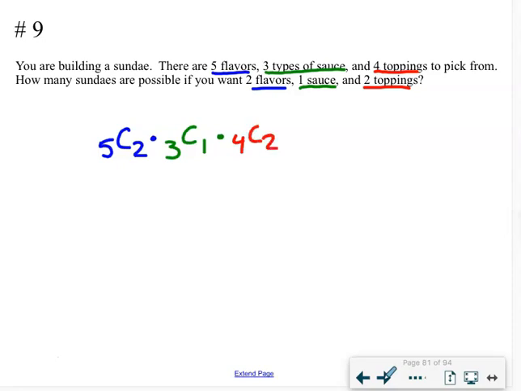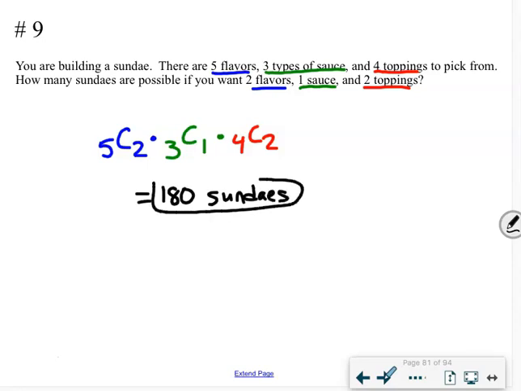We have 5 choose 2 times 3 choose 1, and then times 4 choose 2. And you should get 180 different sundaes if you punch that in correctly. So with those ones, I would just take one category at a time. Start with flavors, then types of sauce, and then toppings, and multiply it all up.